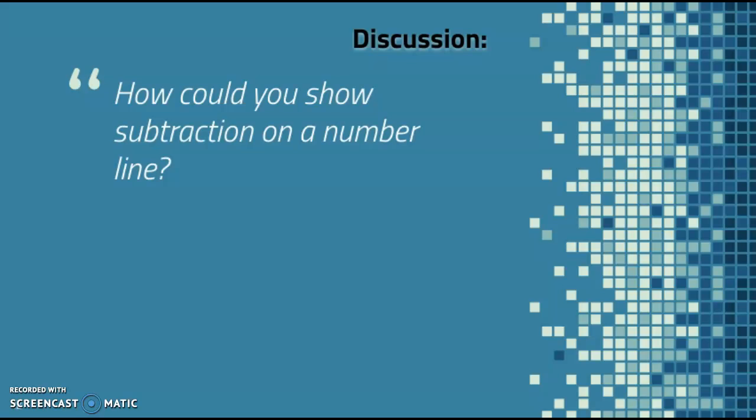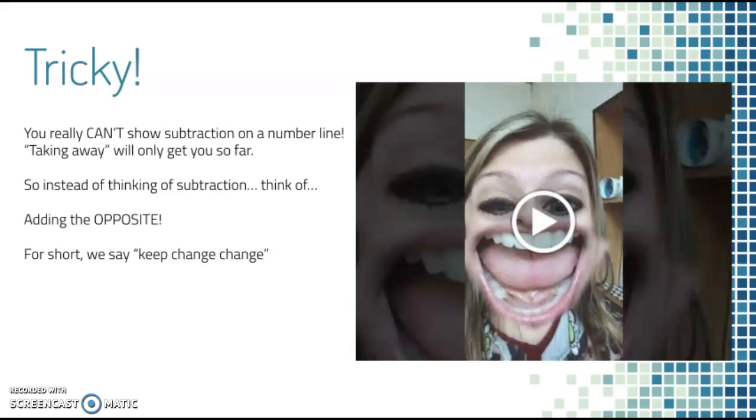Now that we remember how to add on a number line, I want you to discuss with a neighbor, how could you show subtraction on a number line? Well, that's kind of a trick question. You may have noticed that no matter how you show subtraction, it always ends up looking like the addition that we've already done.